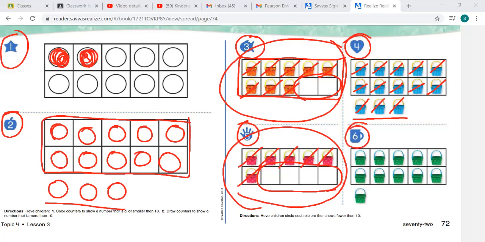Let's look at number 6. Can you tell if this has fewer than 10 or more than 10? The 10 frame is filled up and we have 1 extra. So it is showing a number greater than 10 or more than 10.